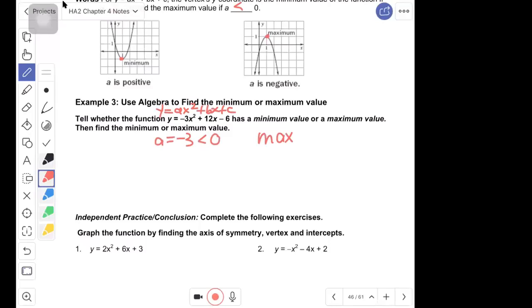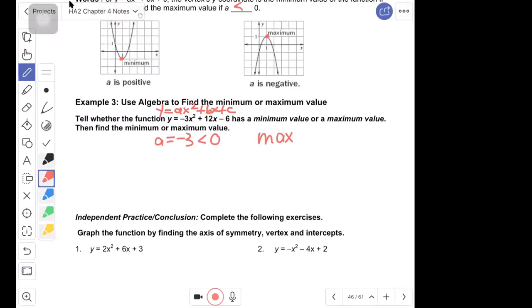Now we want to find it. Well, how did we find the vertex? We know it's going to be the vertex. How did we find that? That would be to find intercepts.